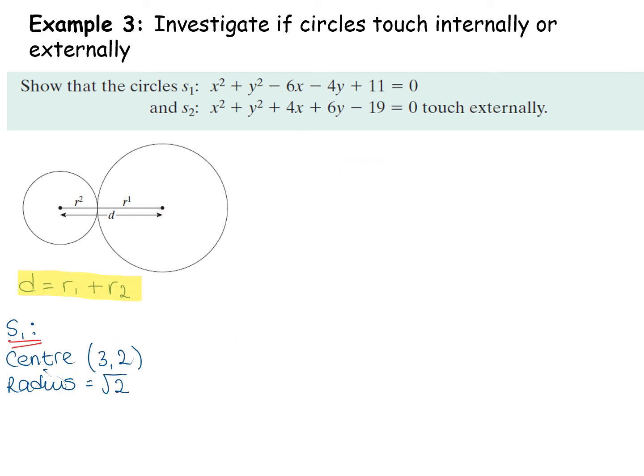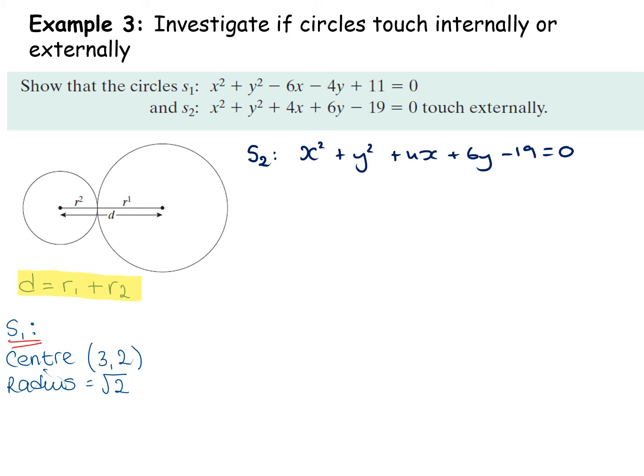So we're going to do the exact same thing for S2. I've just cleared a bit of space and I've given just what we've worked out here. So the details for S1 are there, and we're going to do exactly the same thing when we're dealing with S2. So S2 is x squared plus y squared plus 4x plus 6y minus 19 equals 0.